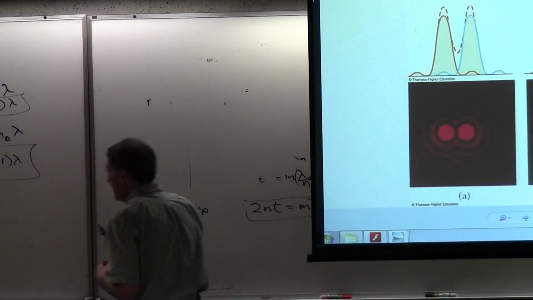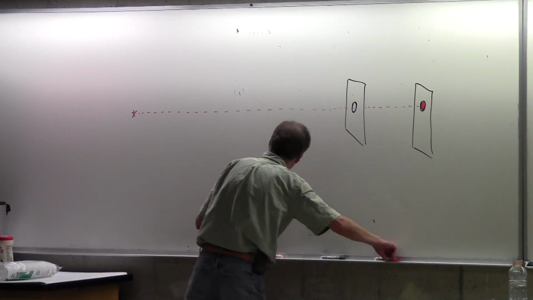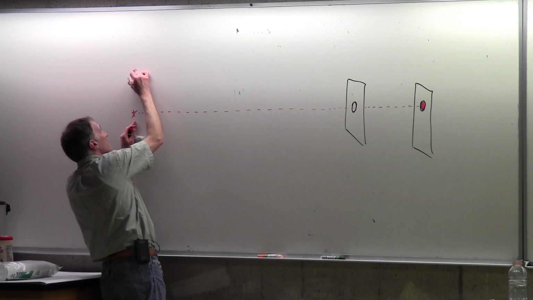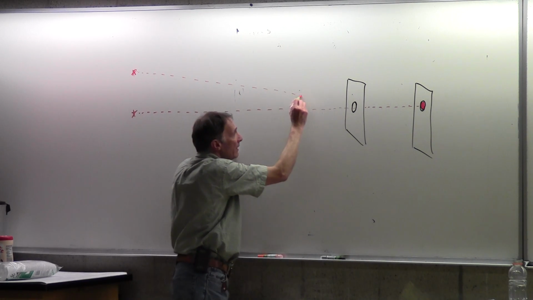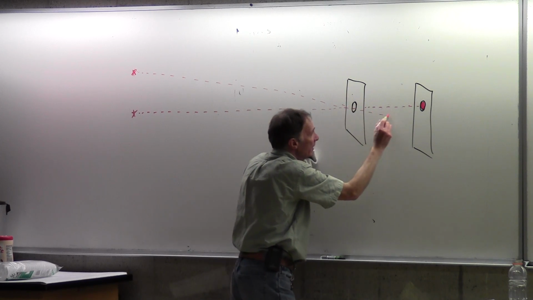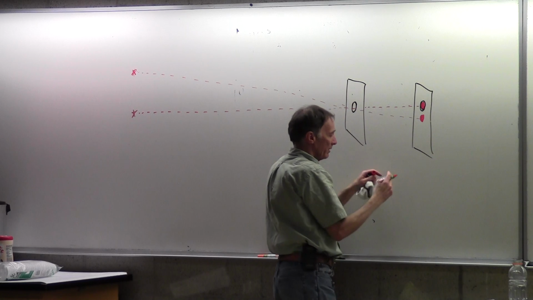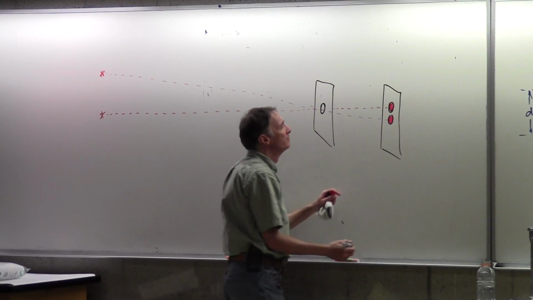Now, if we have a second thing that we're looking at, let's say a second star, let's say it's over here. The light from that star is going to come through the slit and is going to present its image over here. And we're going to get that kind of separation of these two.